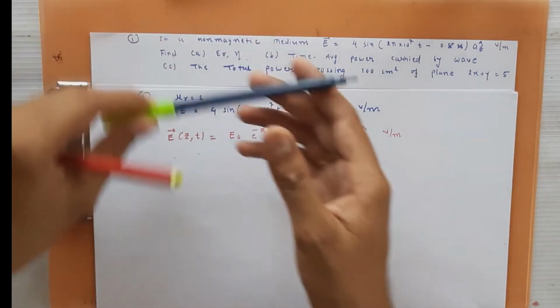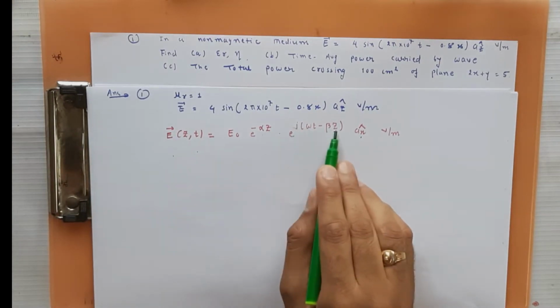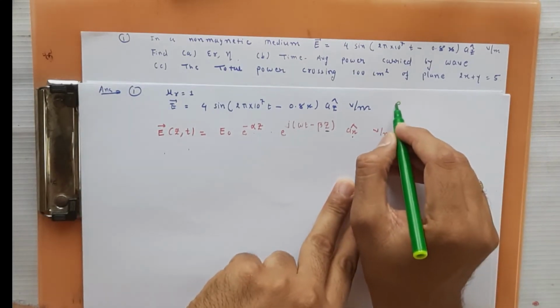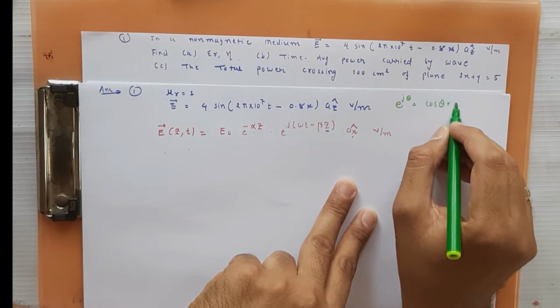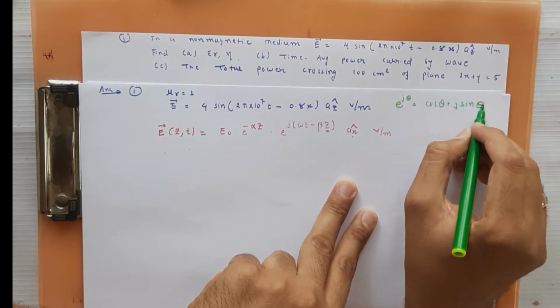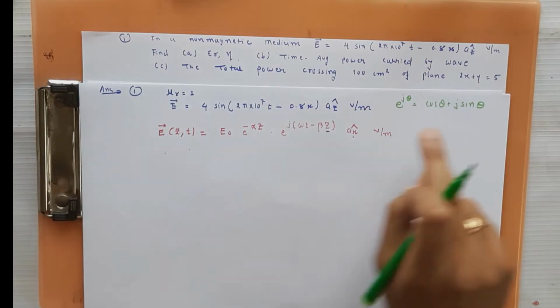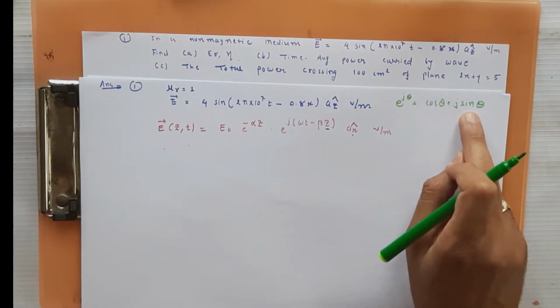If you notice, there is an e^(jθ) term. It is cos θ plus j sin θ, a real part and an imaginary part. Our wave contains only the real part, only the imaginary part, or both parts.